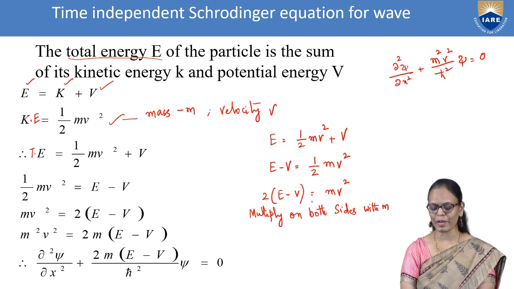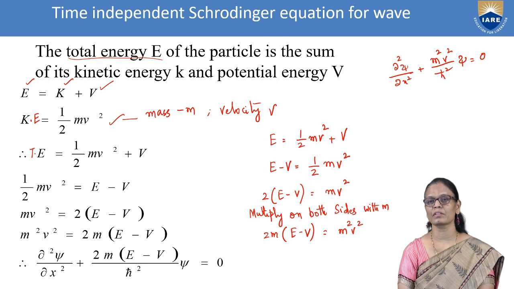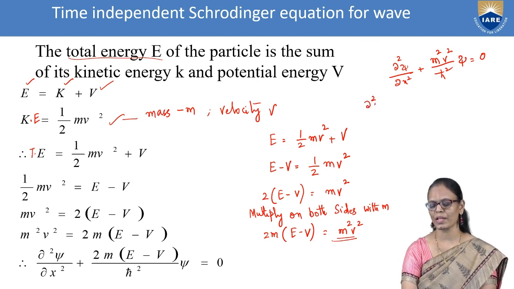So if I multiply on both sides, what do I get? 2m into E minus V is equal to m square v square. So for m square v square in this equation, I will substitute 2m into E minus V. So dou square psi by dou x square plus 2m into E minus V by h cross square psi is equal to 0.